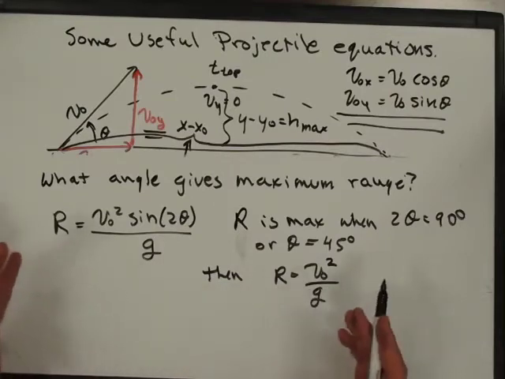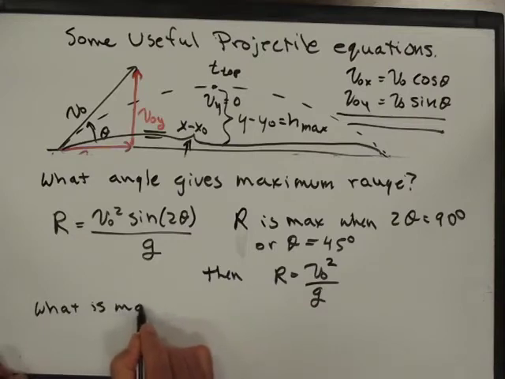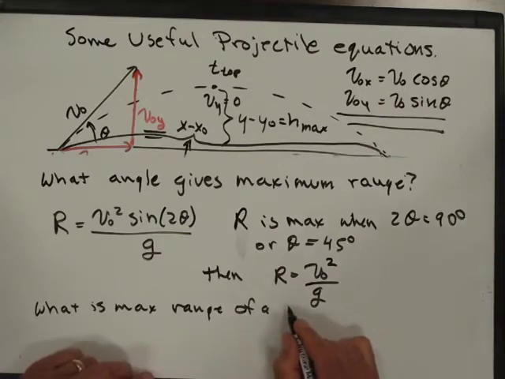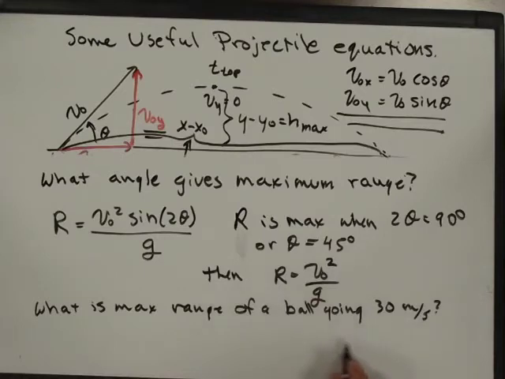And so, if somebody says, well, what's the maximum range of a ball going 30 meters per second?